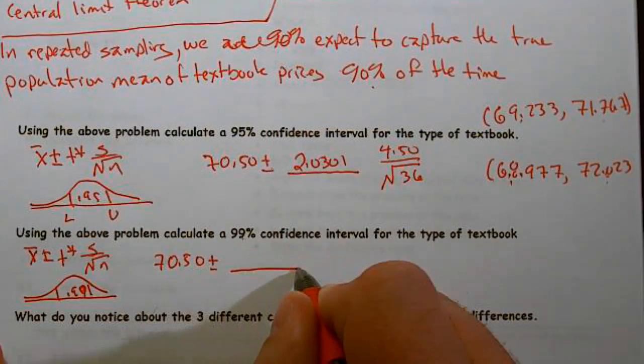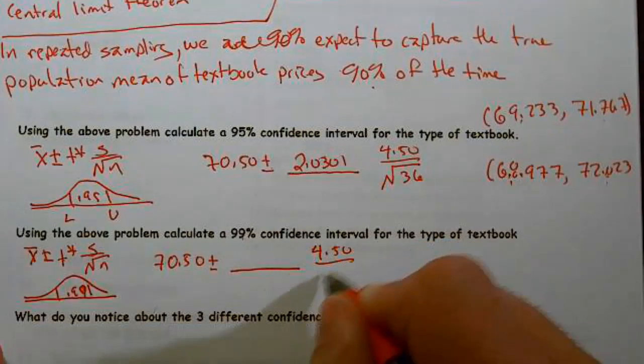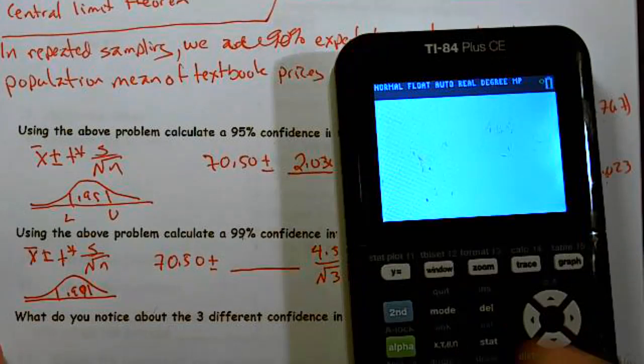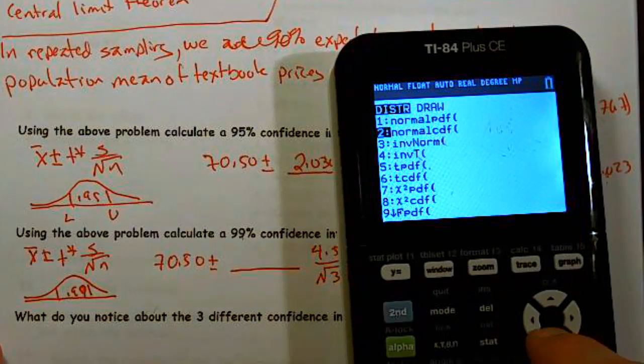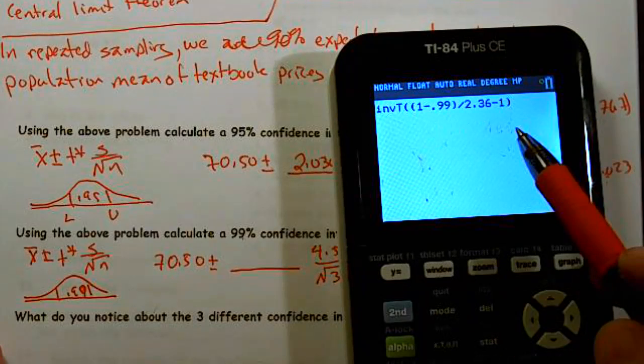We'll come back and calculate t star, and we know we're working with 4.50 over the square root of 36. So calculating our t star, second vars, inverse T, parenthesis 1 minus 0.99 divided by 2, degrees of freedom 36 minus 1, and we end up getting 2.7238.